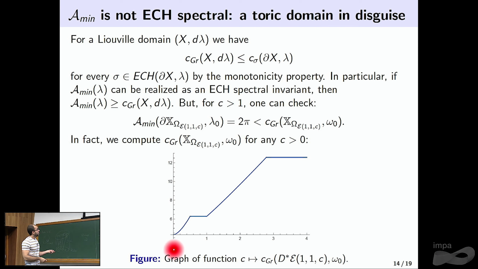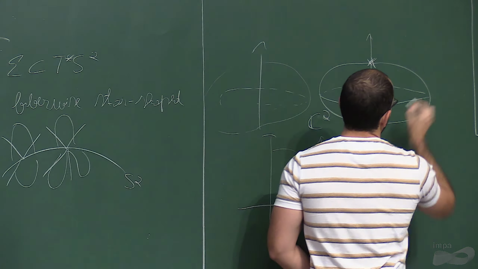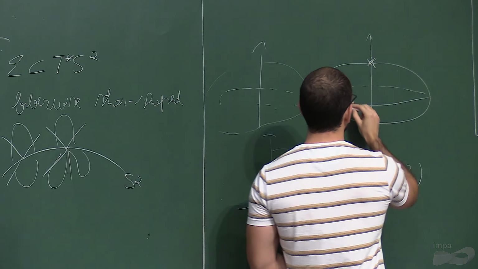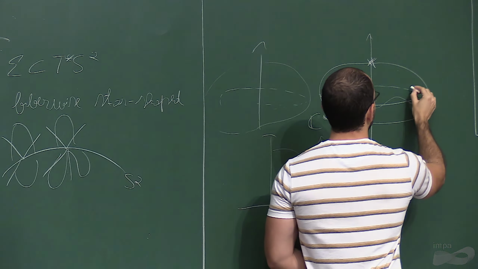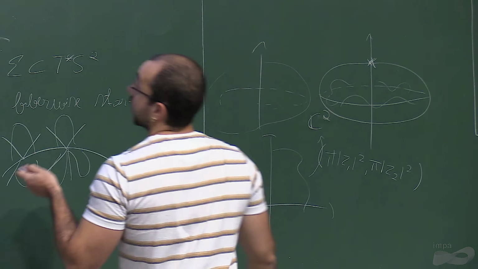So from 0 to 1/2, you have this curve which is given by elliptic integrals. And this is just the length of a geodesic that only exists for C smaller than 1/2. So this geodesic oscillates around the equator, and this length is exactly the Gromov width.